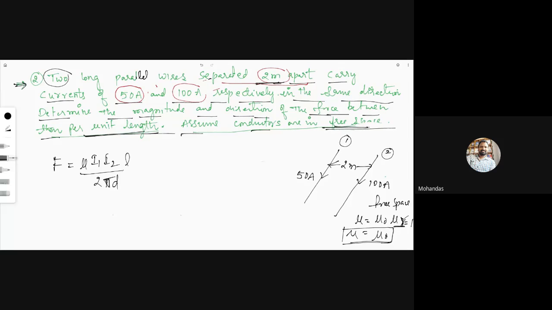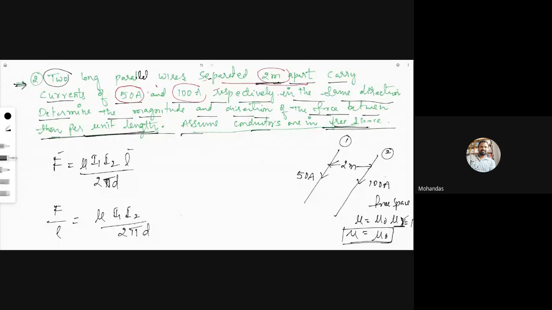Now he is asking about force per unit length. This is force and this is length, so force per unit length equals mu into I1 I2 divided by 2 pi d. As this is placed in free space, mu equals mu naught.